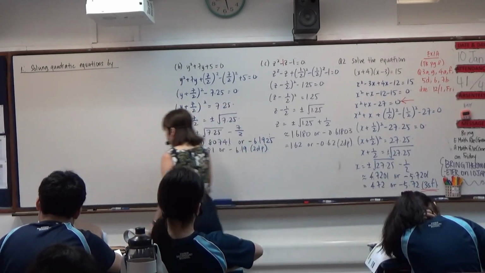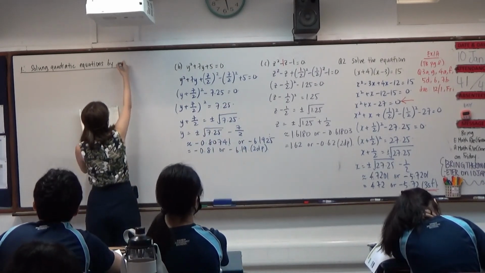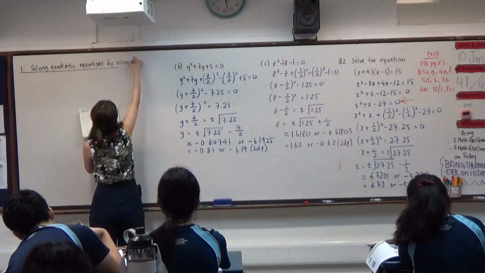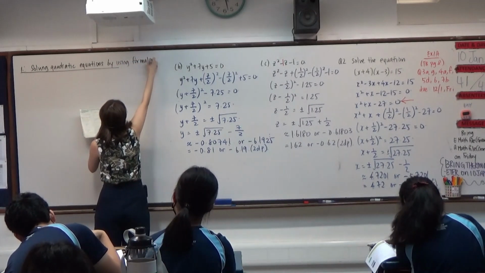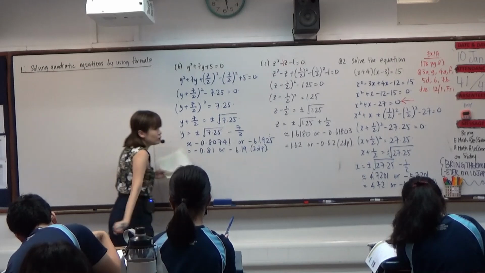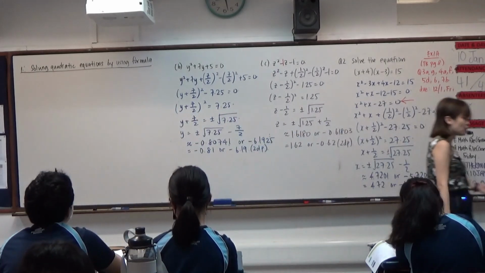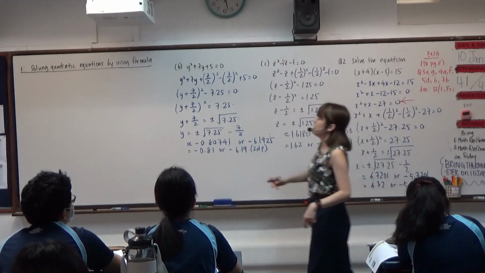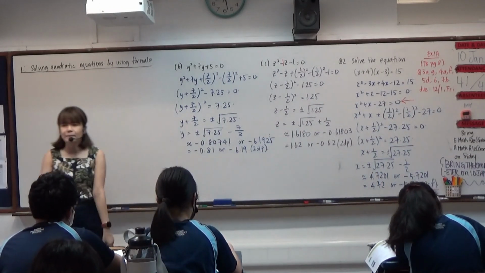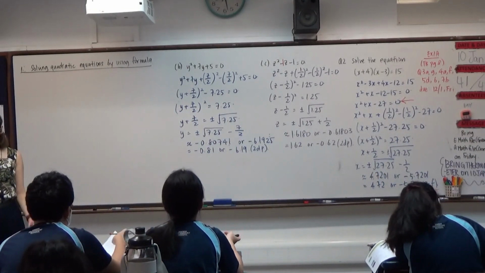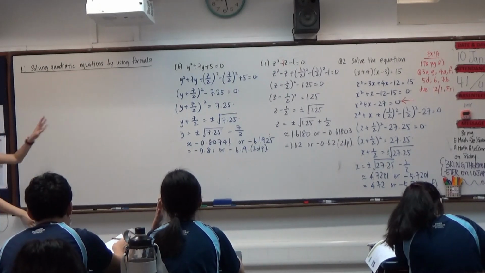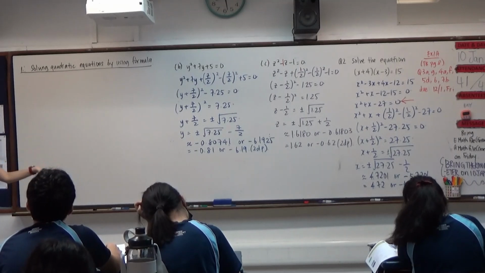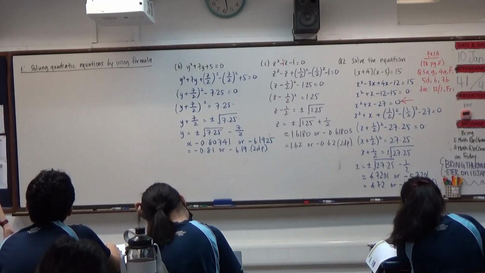Next we're going to learn it by using the formula. The formula is actually the way to go about answering most quadratic equation questions. We only do completing the square when the question really specifies it. But why do we still need to learn completing the square? Because it is the reason why we end up with the formula.